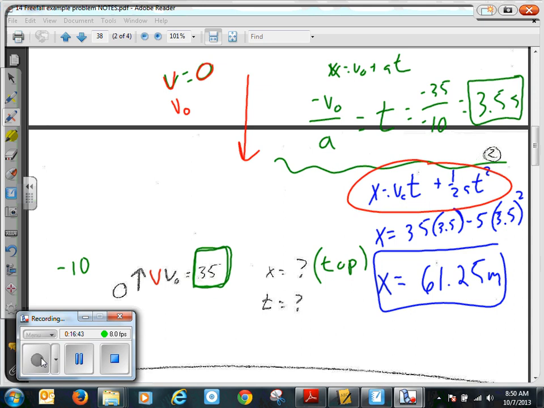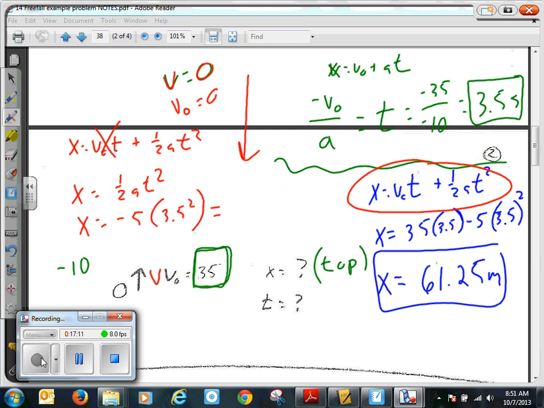So, if I take that same formula, x equals v sub naught t plus 1/2 at squared. Now, if I do it this way, my v sub naught equals 0 cancels out. Okay. x then equals 1/2 at squared. Okay. So x then equals negative 5 times 3.5 squared. x equals then a negative 61.25 meters.